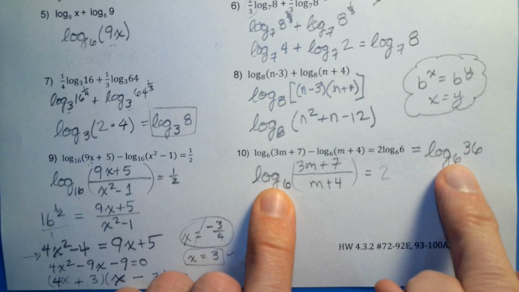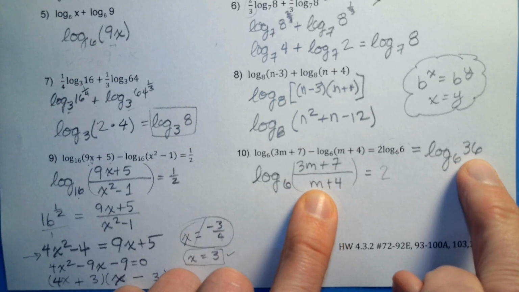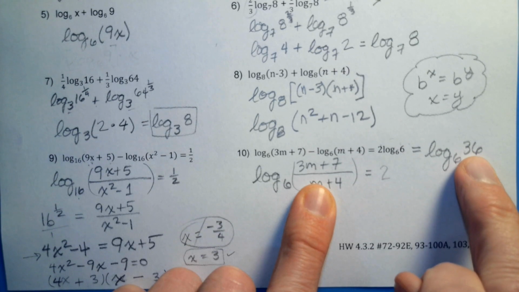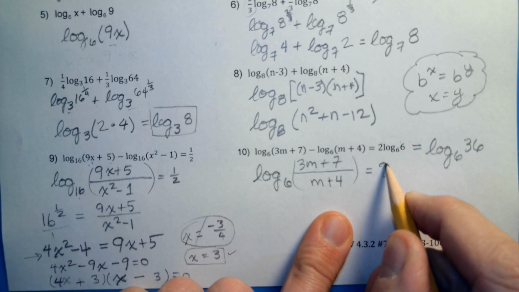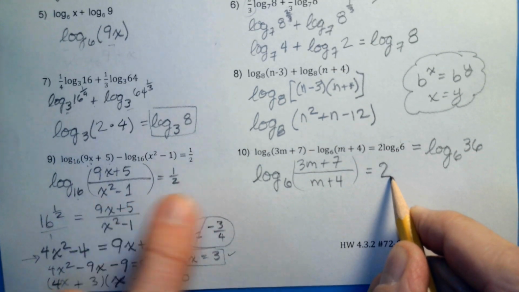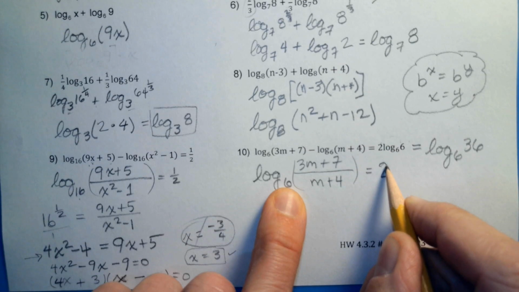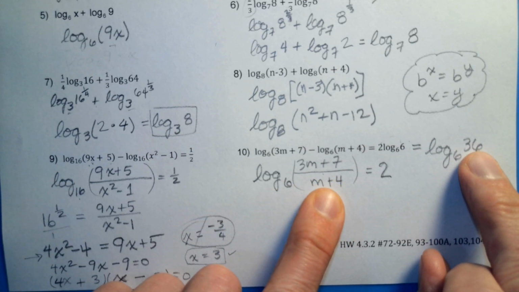Same kind of thing here. If I have logs equal to each other, then the arguments have to be equal. So I can set this stuff equal to 36. Now without that rule, we just simplify this down to 2, and we convert like we did over here. 6 to the 2, which is 36, equals the argument. And again, that's the same as if I had set these two arguments equal to each other.